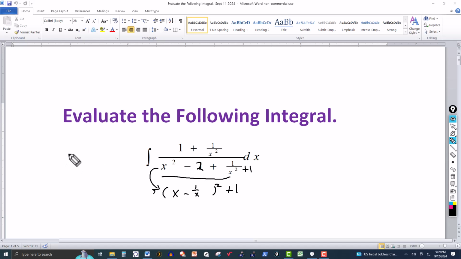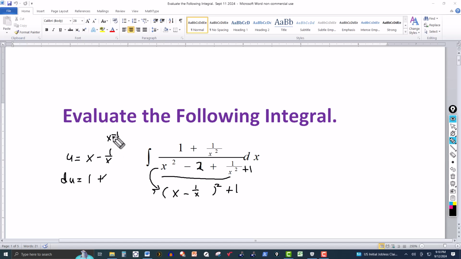So now look what happens. If I let u equal x minus 1 over x, not the entire denominator, just that portion in the parentheses, and I find du: the derivative of x is 1, and the derivative of minus 1 over x, I'll write it this way so you can see it, is negative 1 times a minus, which gives me a plus.